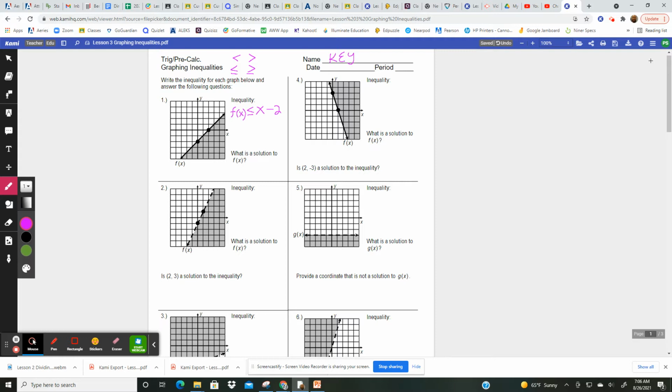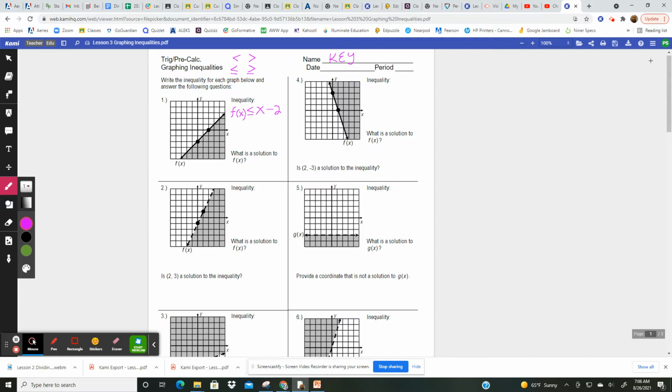Now, what is the solution? A solution is represented by anything in the shaded region in conjunction with anything on the line. So anything on the line or anything here. The only reason anything on the line is a solution is because it's a solid line. If it were dashed, anything on the line would not be a solution, because that's telling us you cannot include anything on the line.